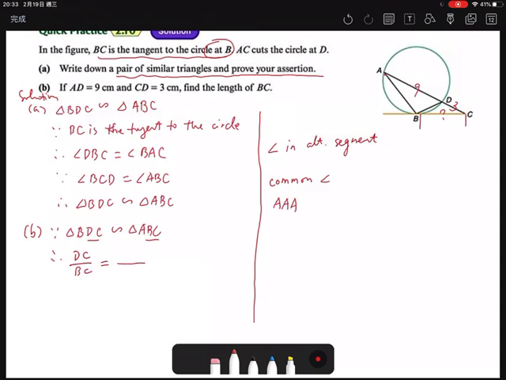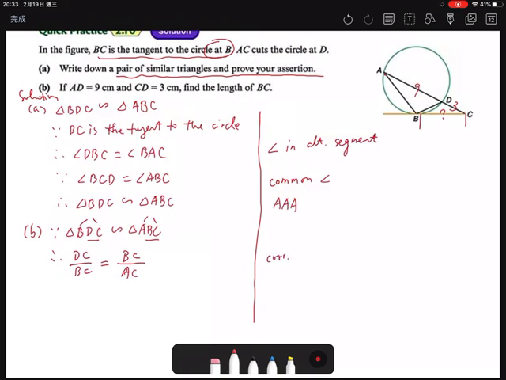And then BC is corresponding to AC. If you write the letters correspondingly, it is easy to identify the corresponding sides. So BC corresponds to AC, the longest side.